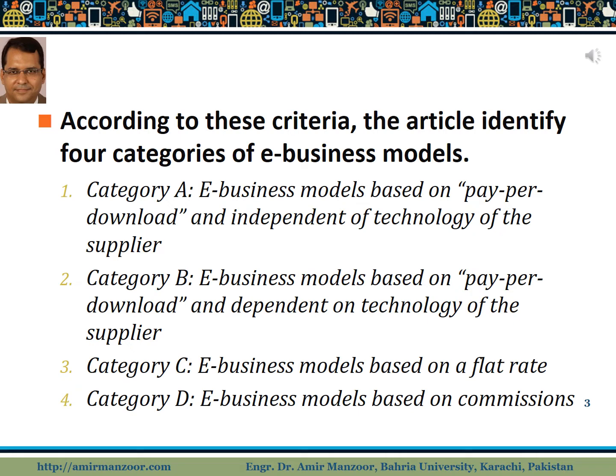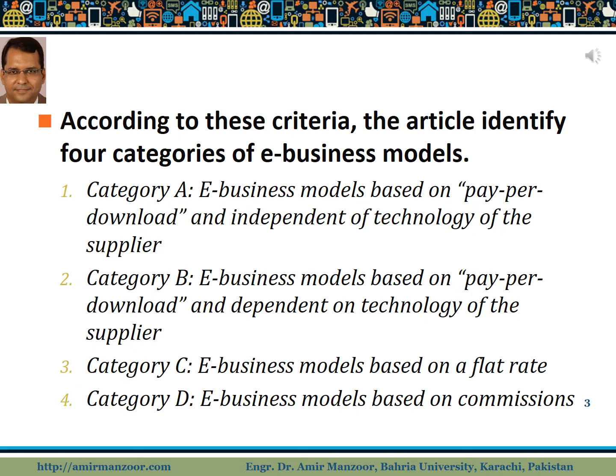The second category of e-business models is based on pay per download and dependent on technology of the supplier. For these kinds of business models, long-term customer relationships are very important. Therefore, the offered digital media content is normally in a format depending on the technology of the supplier.